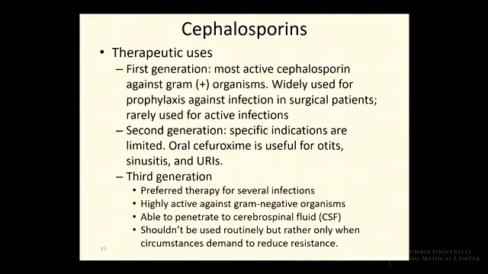Okay? If you've had a chance to look over the drugs of choice by infection, so that handout that I posted of different infections and what drugs we tend to go to first, the cephalosporins are frequently in that alternative category. Okay?